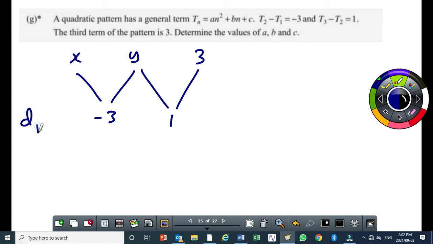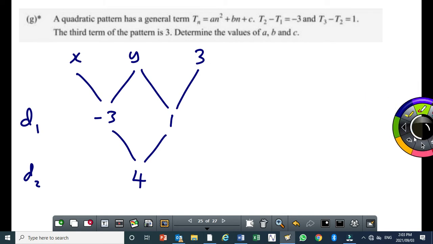So D1 is that, then D2 will be 1 minus 3, that will give you 4. We need to calculate A, B, and C. That's what the question is asking. Please, don't do a calculation of something that you are not asked to do, even if you have got an unknown variable. It's unnecessary for this question to calculate x and y.